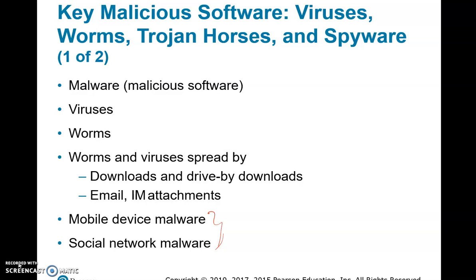Worms, on the other hand, are similar to a virus, but a worm replicates itself. What it means is when you download a software, and if that software has got a worm in it, it replicates whatever is a bad thing, maybe something like deleting a file.